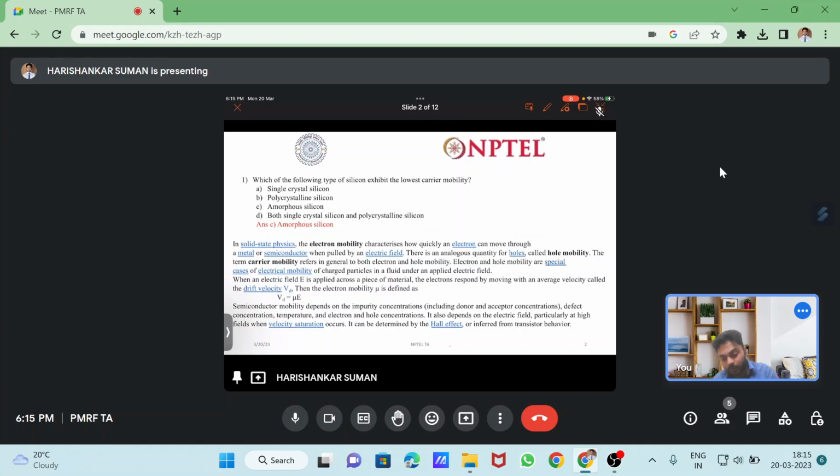The term carrier mobility refers in general to both electron and hole mobility. They are a special case of electric mobility of charged particles in fluids under an applied electric field. When an electric field is applied across a piece of material, the electrons respond by moving with an average velocity called drift velocity. Then electric mobility mu is defined as Vd = mu E, or mu = Vd/E.